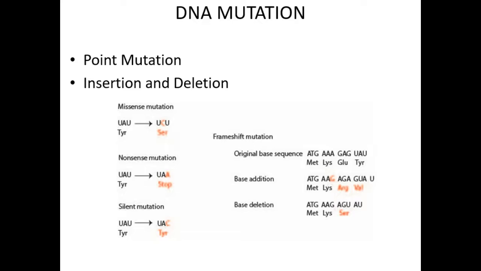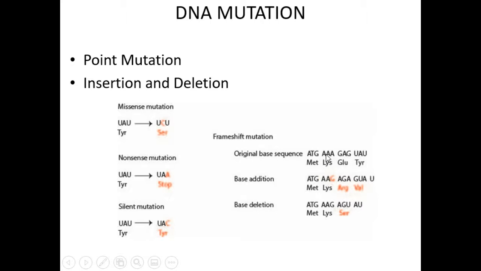And then we also have insertion and deletion, which can give you a frameshift mutation. For example, here we have the original base sequence ATG, AAG, GAG, UAU, and then you have an addition between these two A's.